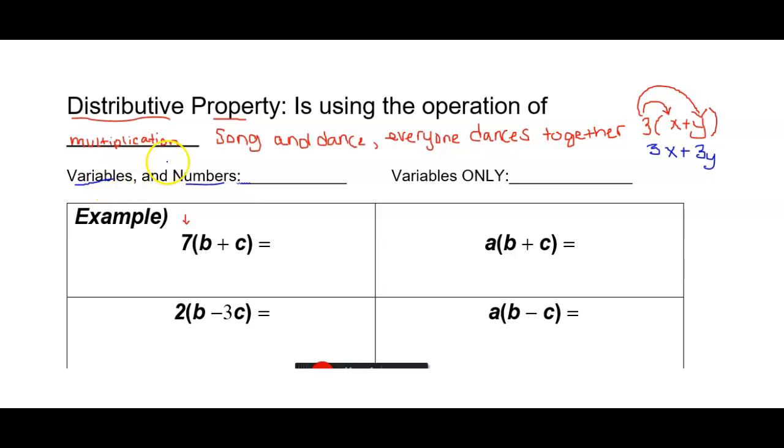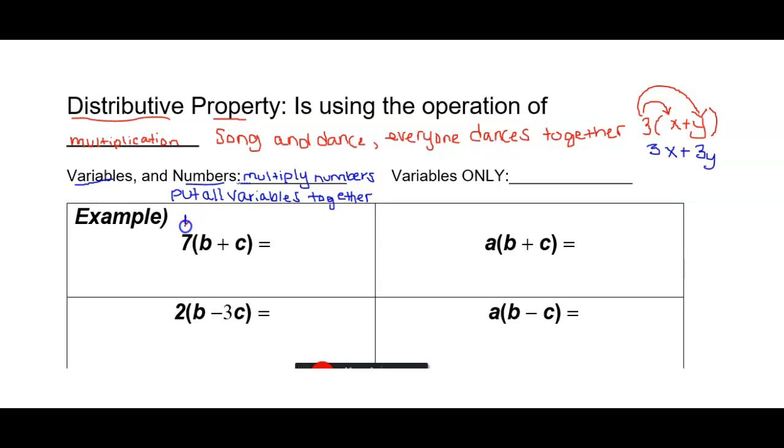When variables and numbers are involved, you're going to multiply numbers and you're going to put all variables together. For variables, first let's go ahead and look at the examples that I gave you.